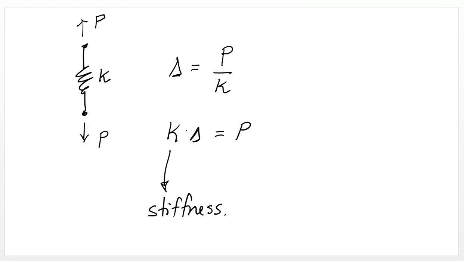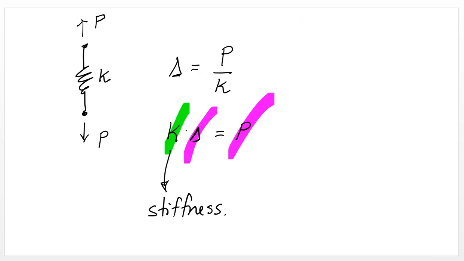Let's review what we know about ideal springs. A spring with constant K is basically a simple element in which the force and the displacement are related to each other via the stiffness constant of the spring.